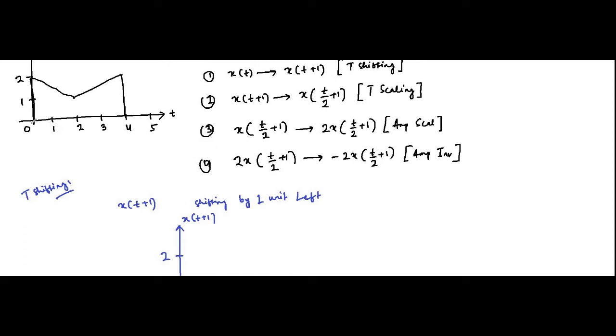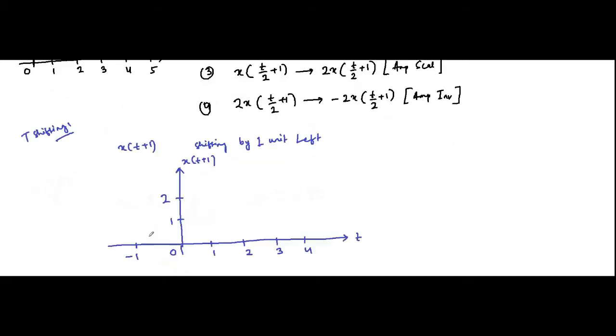A simple way to figure it out: pick the two ends, the starting and ending points of the signal on the time axis, and subtract 1 from them. 0 minus 1 is minus 1, 4 minus 1 is 3, which will be the new starting and ending points.